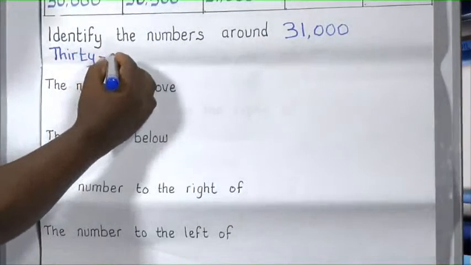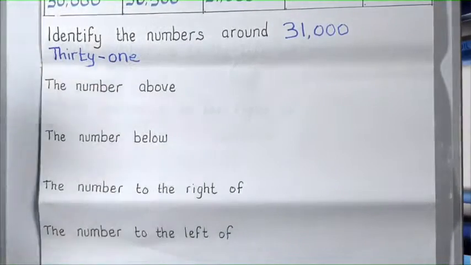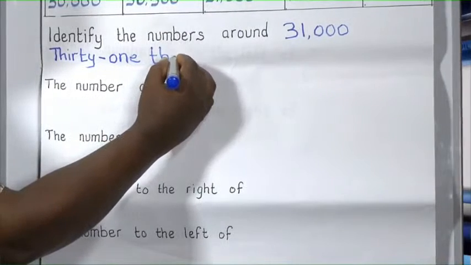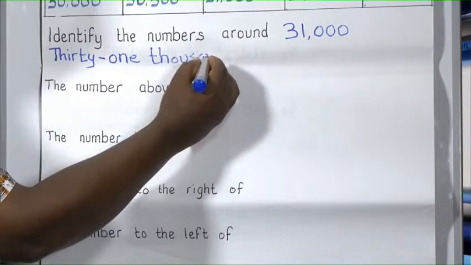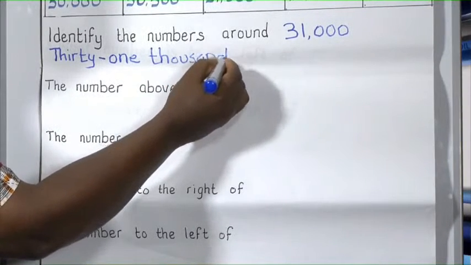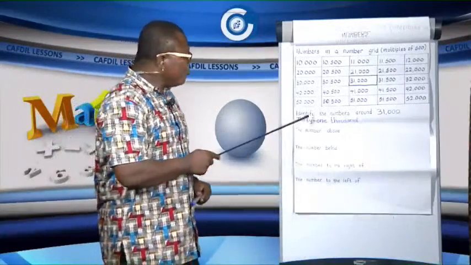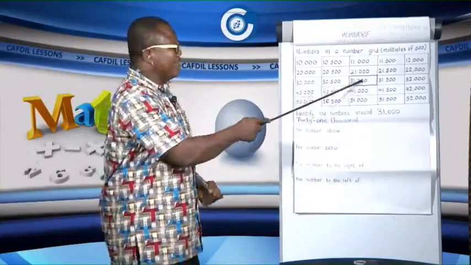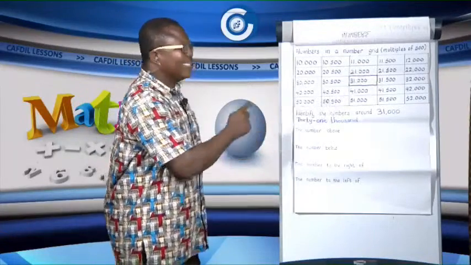So 31, then we write our 1,000. So that is how we write 31,000. So here we are going to identify the numbers around this 31,000. And 31,000 is here.